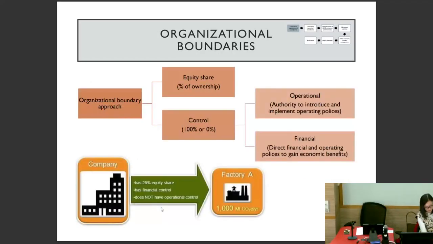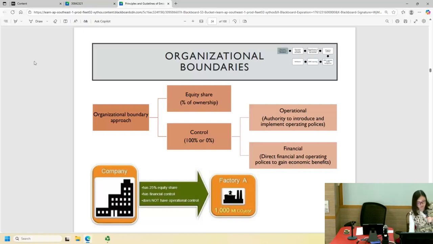So for example, let's say this company has 25% equity share of factory A. It means this company owns 25% of this factory, and this company has financial control, but it has no operational control.